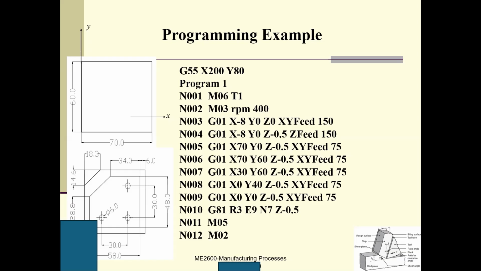So this slot, X0, Y40 is here. And then I go to X0, Y0 to have this edge coming. Got sense? So we start from here, then we have the actual depth of milling. And then we go this way, this way, this way, this way, and this way. For this part, we finished. This is the slot milling.